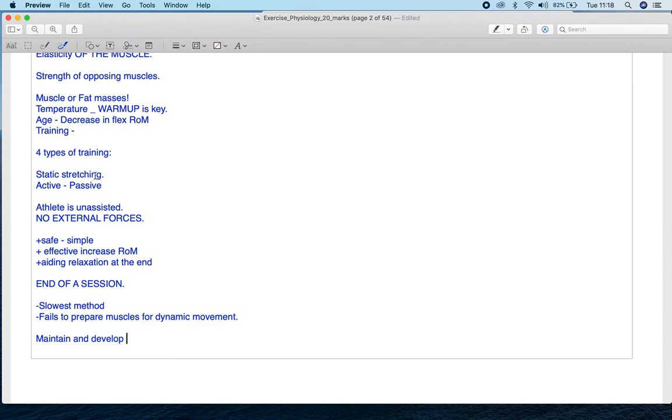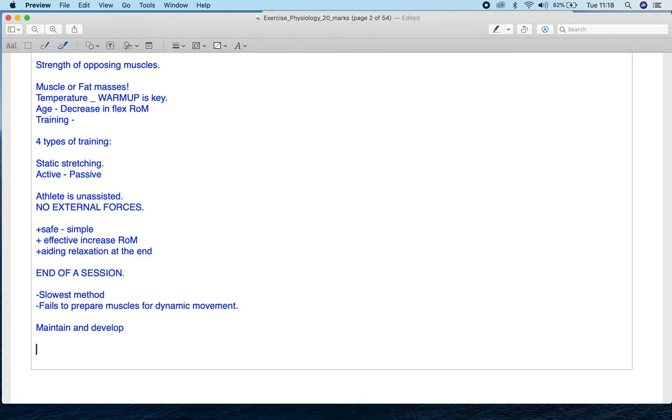Okay. Thinking back to when we talked about static stretching, we talked about active and passive. So passive stretching and passive flexibility training essentially involves external forces. Those external forces could be a partner, some equipment, a wall, absolutely anything that helps to increase the amount of force that's applied.